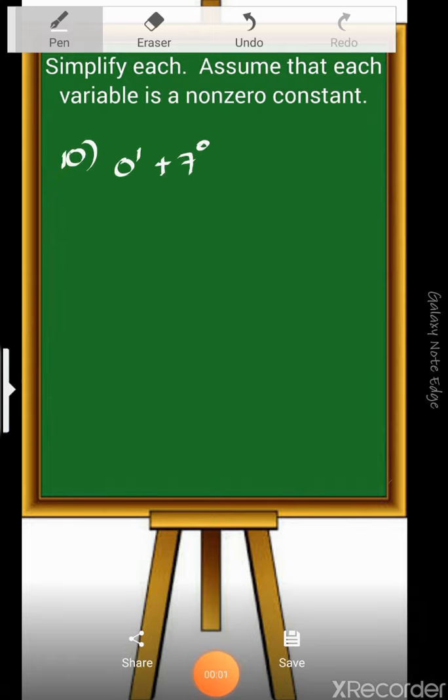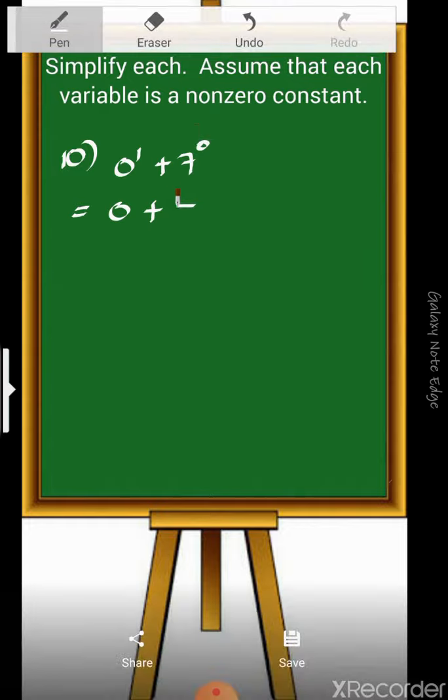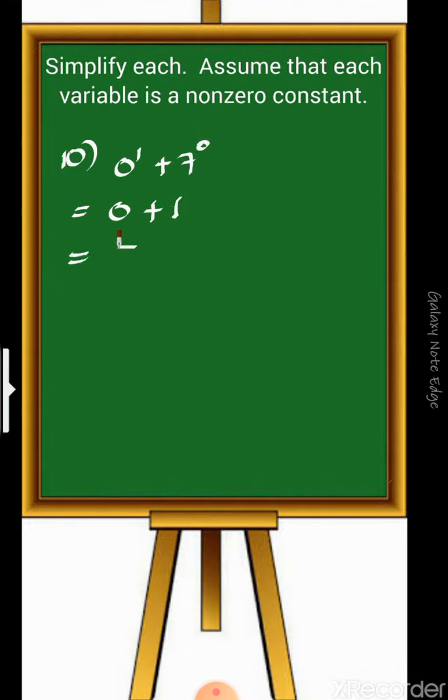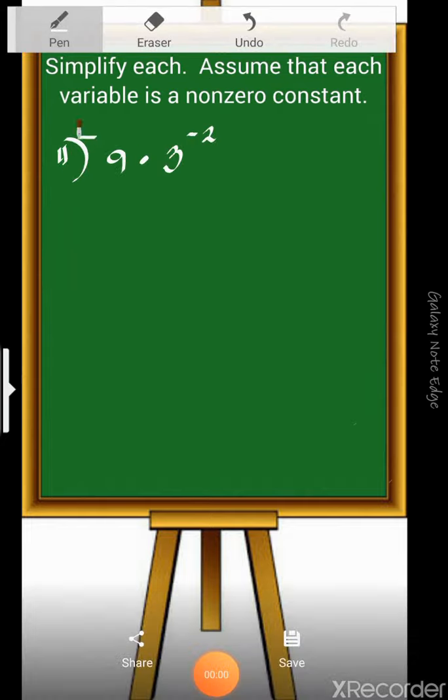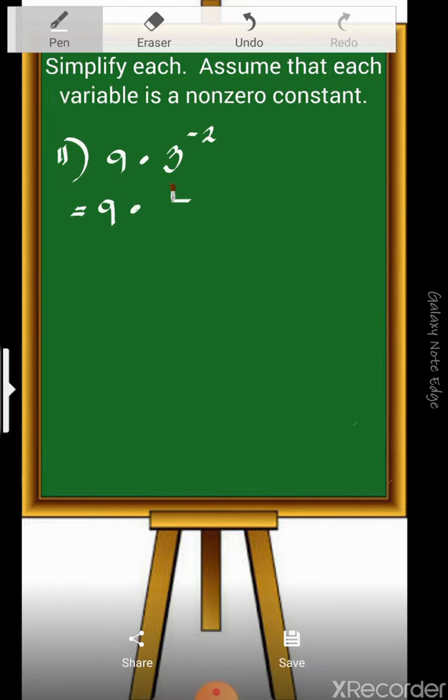For number 10, 0 raised to 1 is equal to 0 plus 7 raised to 0 is equal to 1. So the answer here is 1. For this expression, we're just going to copy the first term. And for the second term, we are going to apply the quotient rule for exponents.